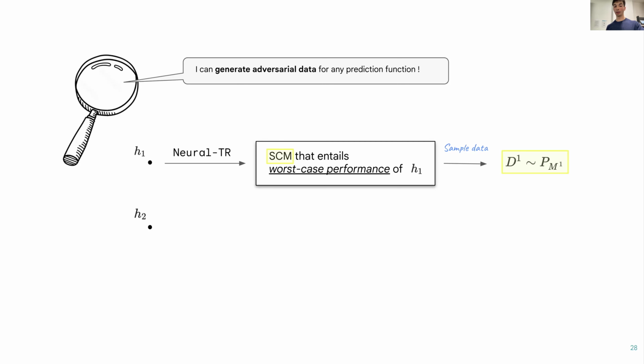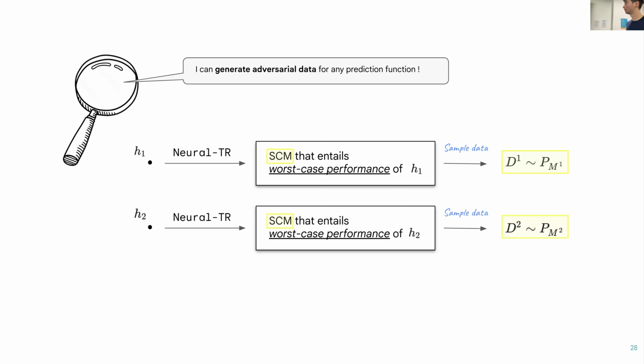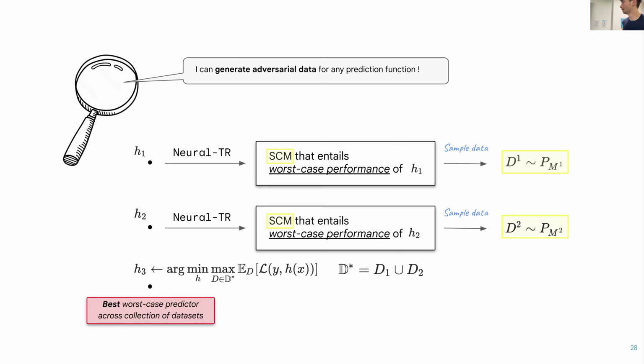You take this new prediction function, you pass it through our evaluation procedure, and you ultimately get a second sample of adversarial data that is meant to represent the data set, in our class of possible data sets for the target domain, in which H2 does the worst. And in a third iteration, one thing you can do is then take the two data sets you've generated so far and minimize for maximum error across these two data sets.